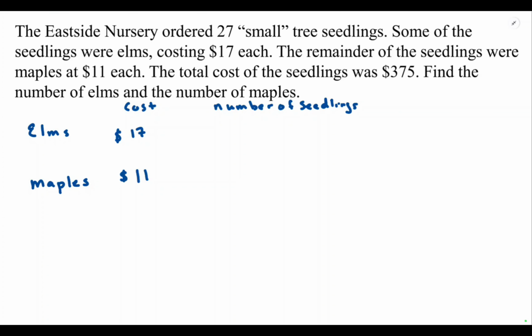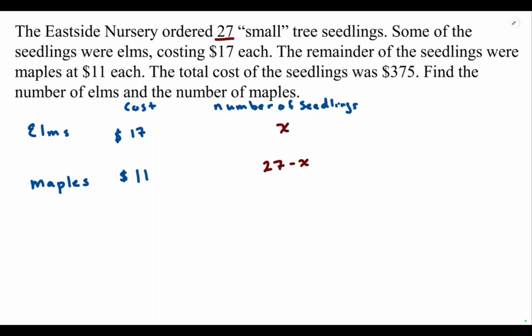All right, I'm going to signify my unknown as x. And then my other unknown is what? 27 minus however many of those I have, right? Because it says we ordered 27 of them. That's where the 27 comes from.